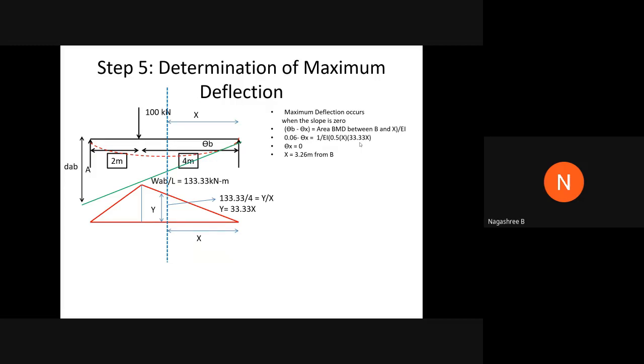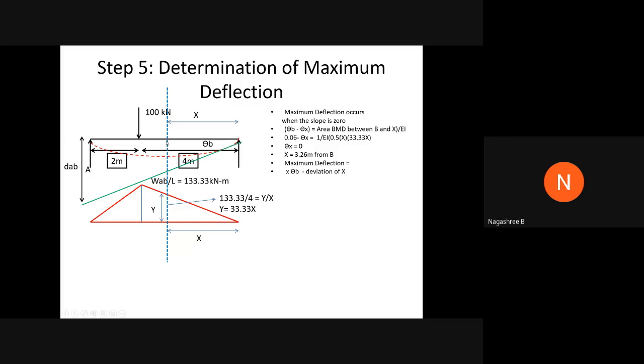Since the deflection is represented as an arc, because the final deflected position will be in the shape of an arc, the maximum deflection is x times theta b, the distance between the initial position of the beam and the deflected position of the beam.